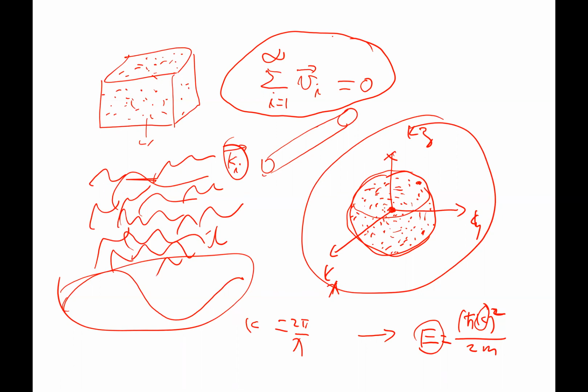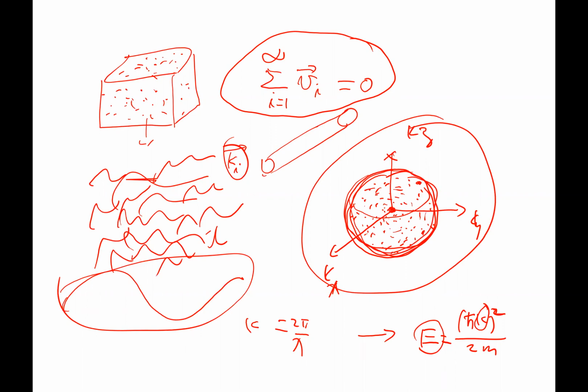When you apply a small driving force to this metal, this whole sphere will just shift a little bit in k space, and this net shift will contribute to current conduction.